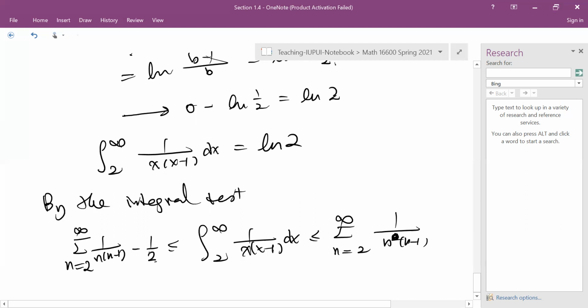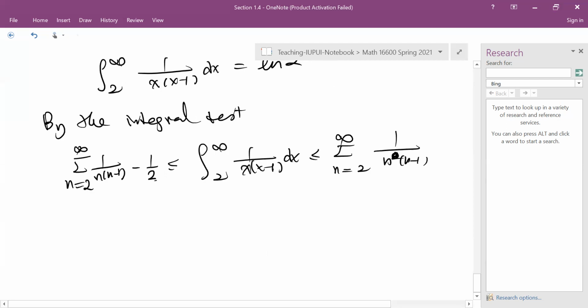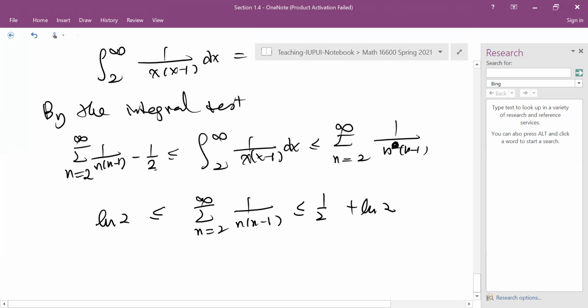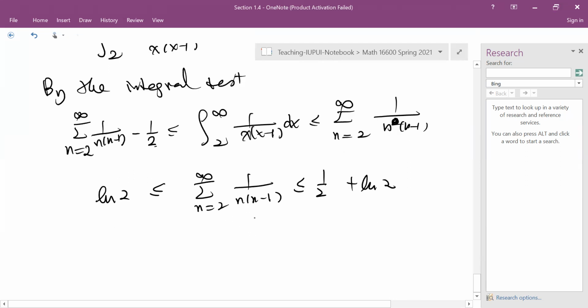So you can get an estimate of this. In other words, it's less than 1/2 plus natural log of 2 and greater than or equal to natural log of 2. Actually, it's going to be 1, right?